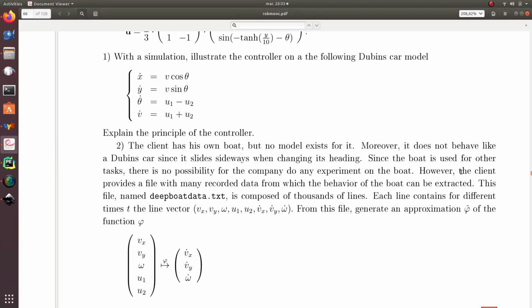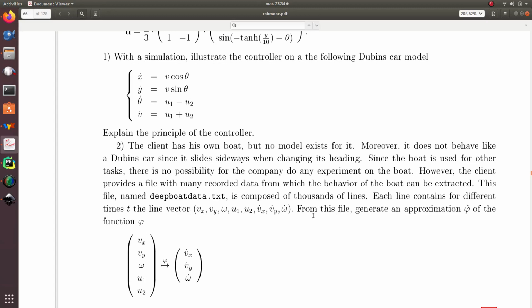As said previously, the client provides a file where I have many recorded data, and from this data the behavior of the boat can be extracted. The file is given for this exercise and is named deepboatdata.txt. We have thousands of lines. Each line corresponds to a line vector for a different t.